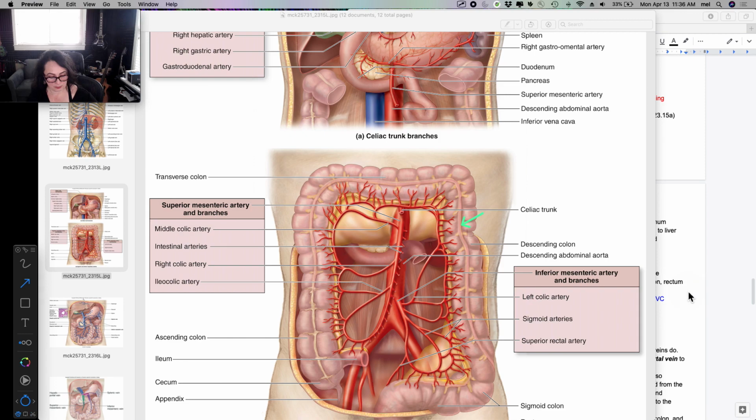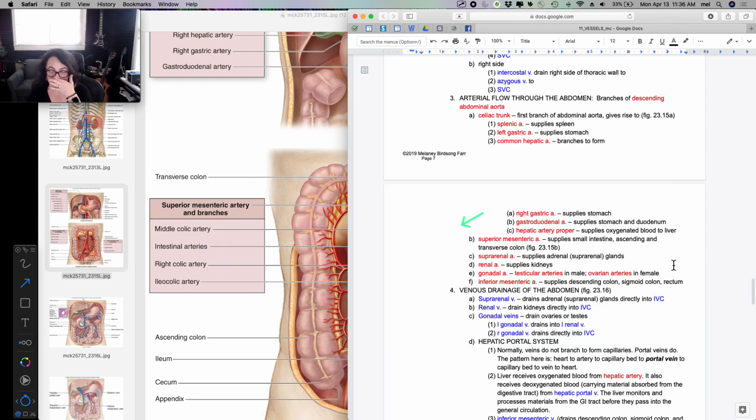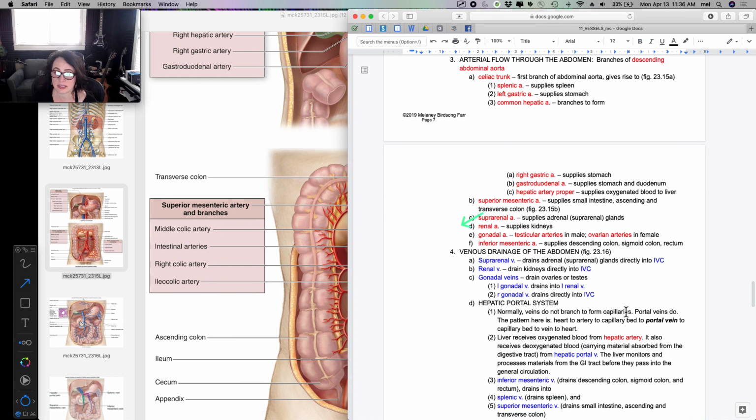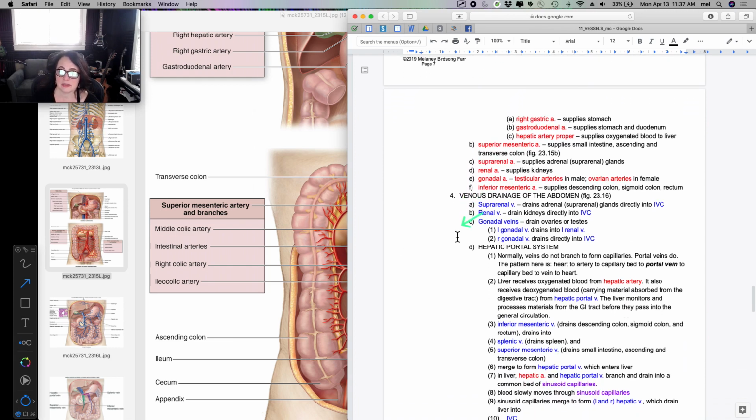Okay, so we have gotten pretty much everything in the abdominopelvic cavity, almost everything. Maybe not the pelvic cavity. We'll pick up the pelvic cavity in just a second. So now I want to look at the venous drainage of the abdomen. The venous drainage of the abdomen is weird, and hopefully you guys have figured out why. I love this.